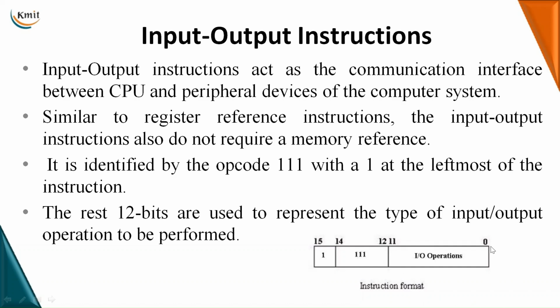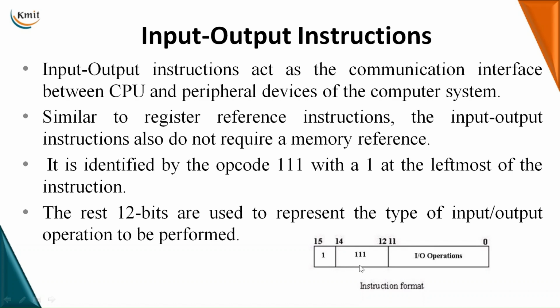When you compare it with the register reference instructions, in terms of instruction format, the opcode is the same for both register reference and input output, but the only difference is with respect to the mode bit. Bits 12 to 14 are going to be 111, but the I bit changes. In case of register reference, the I bit is 0. In case of input output instructions, the I bit is 1.